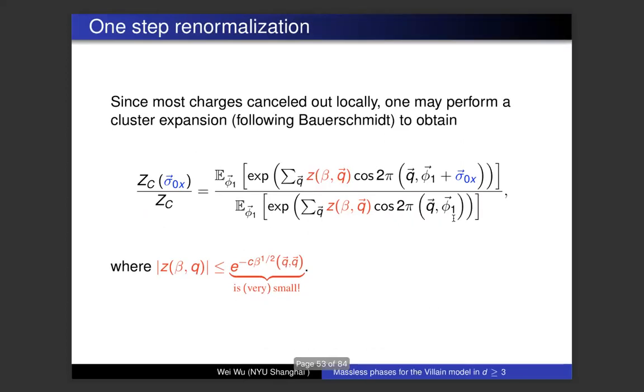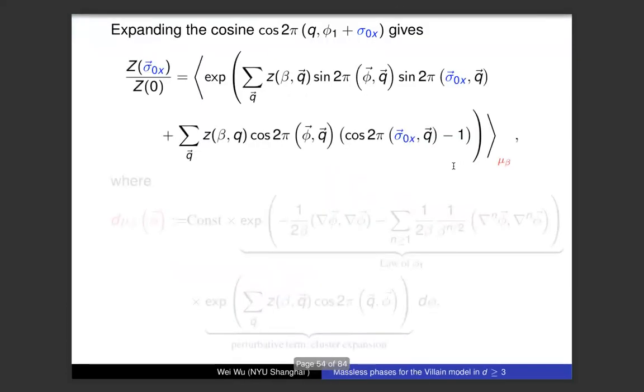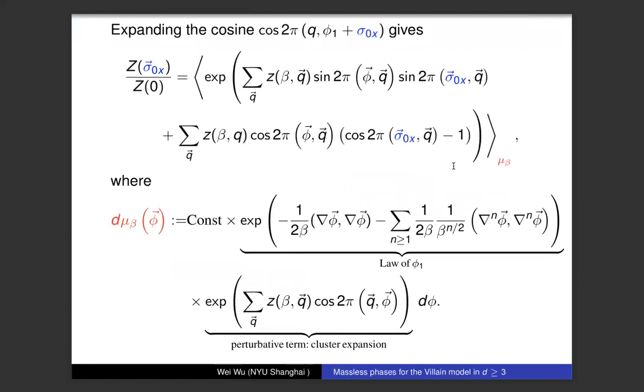Then one can write this whole thing as a big expectation with respect to some Gibbs measure. You use this trigonometric identity to expand cosine of A plus B. Eventually, what one obtains is a complicated Gibbs measure and a complicated expectation.